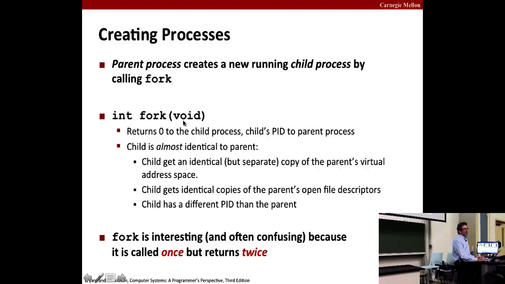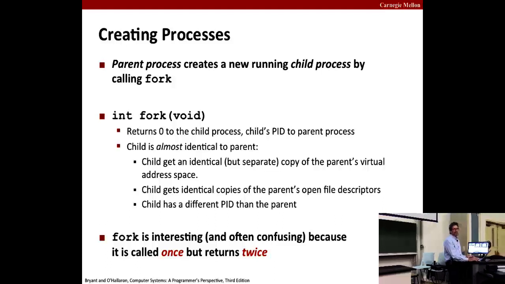This is a little hard to wrap your head around at first. It's called once by the parent, but it creates a new process and returns in both the parent and the child. To the child, it returns 0. To the parent, it returns the child's process ID.